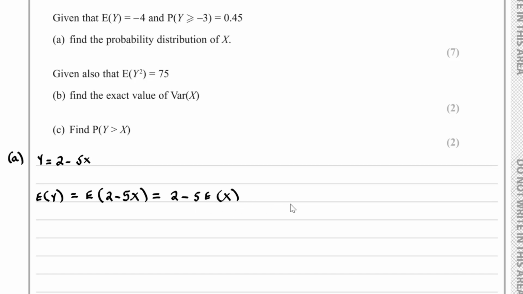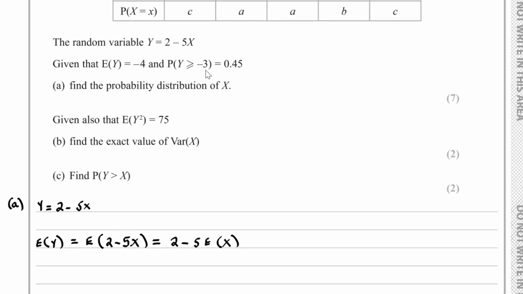I assume you're all familiar with this. And we know that this expected value of Y is equal to minus 4. So this over here is equal to minus 4. Okay? So hopefully that makes complete sense. Knowing that, we can now solve for the expected value of x.